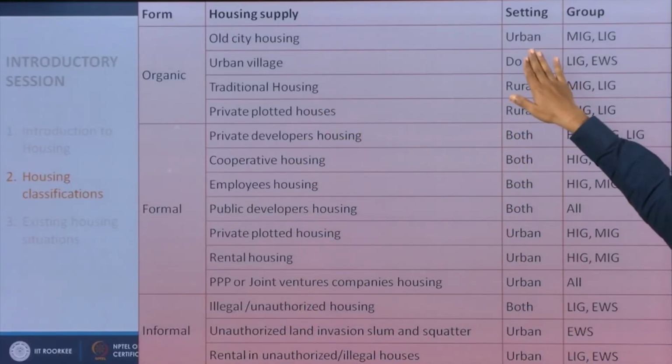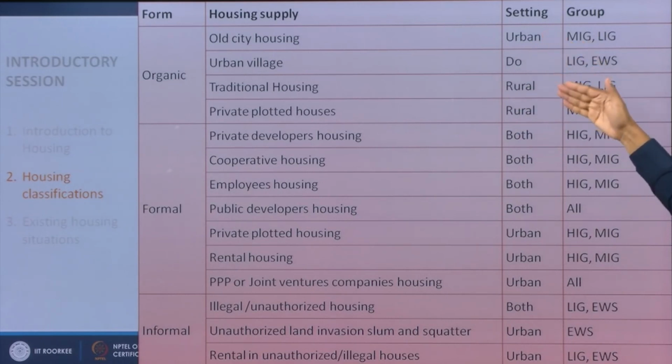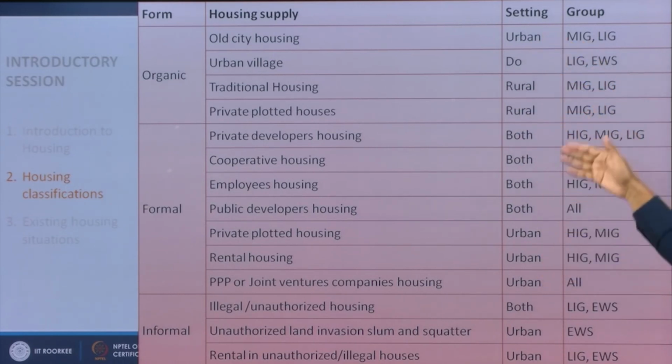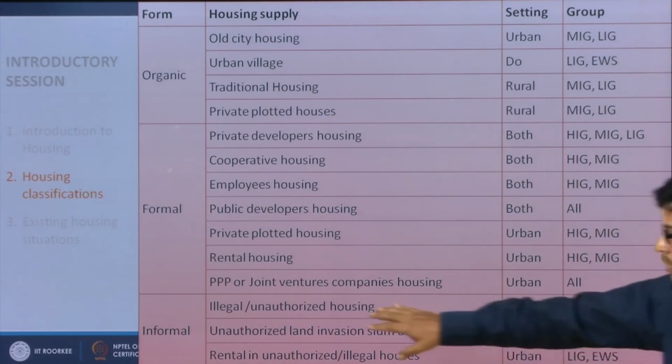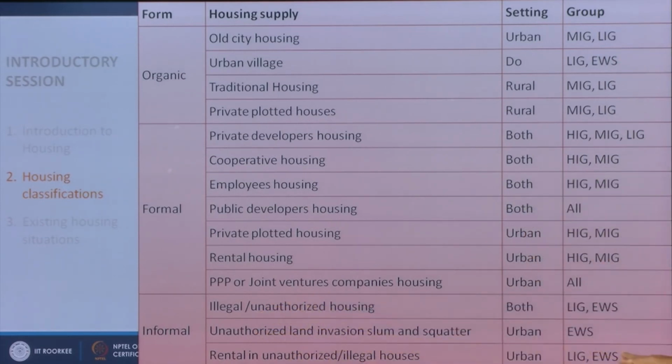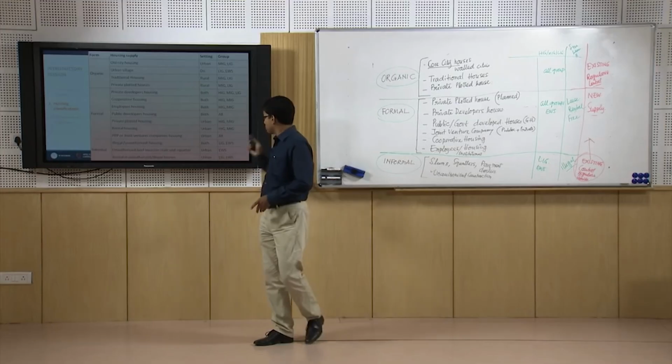Sometimes they are seen in the urban setting or the rural setting, or in both settings. Sometimes they are taken care of by all categories of income group, while informal houses mainly cater to LIG and EWS. So, this is the whole picture of what we discussed earlier.